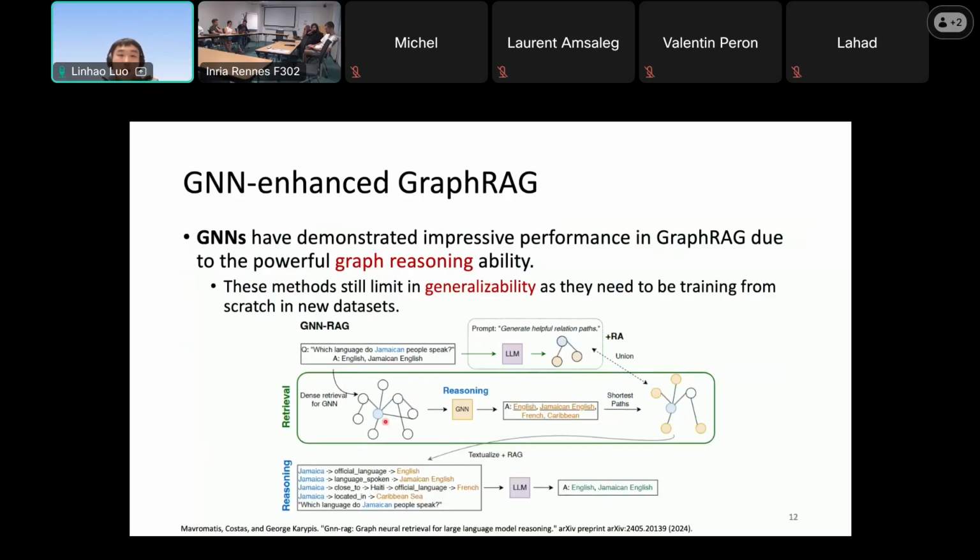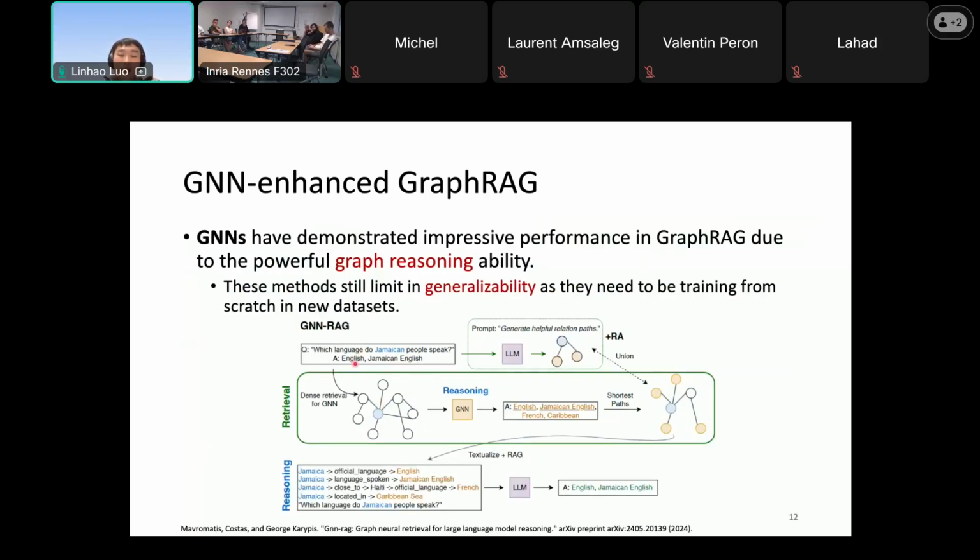In order to consider this kind of graph structure, we need to do some reasoning on the graphs. Graph neural networks have demonstrated impressive performance on graphs due to their powerful graph reasoning abilities. Here is a paper called GNN-RAG. It is the first paper that combines the power of graph neural networks and graph reasoning abilities with the LLM.